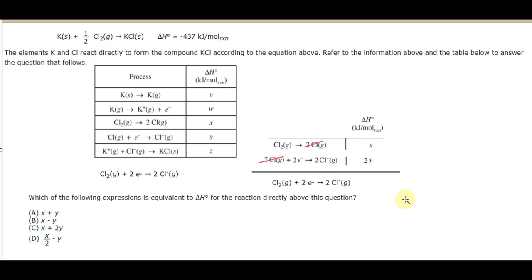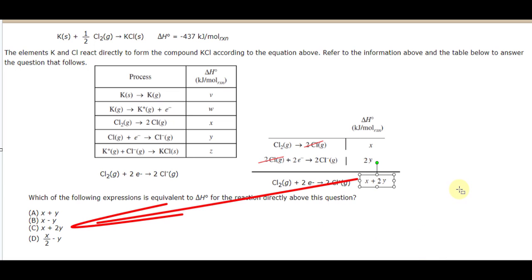And all that I've got left is chlorine, indeed, 2 electrons as my only 2 reactants, and then 2 chlorides. So if I double Y and add it to X, I would get the change in enthalpy for this reaction.